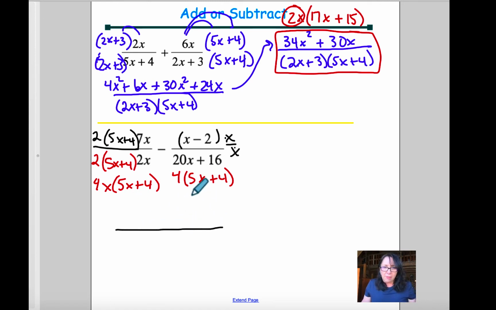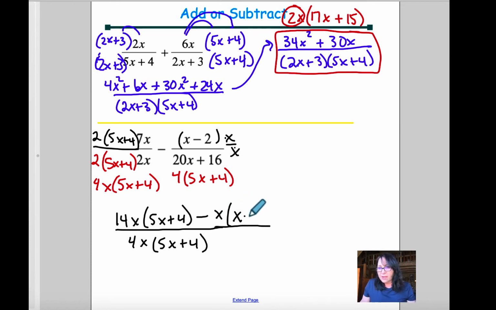So my common denominator, again, is going to be 4x times 5x plus 4. And then on the numerator, 7x times 2 is 14x times 5x plus 4 minus, and then I've got this x over x. So I'm just going to put this x here for a minute, x times x minus 2.